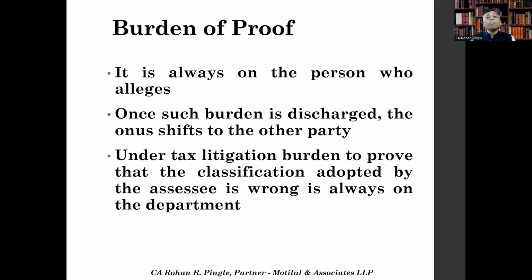Moving further, burden of proof. It is always on the person who alleges. Once such burden is discharged, the onus shifts to the other party. Under tax litigation, the burden to prove that the classification adopted by the assessee is wrong is always on whom? The department.